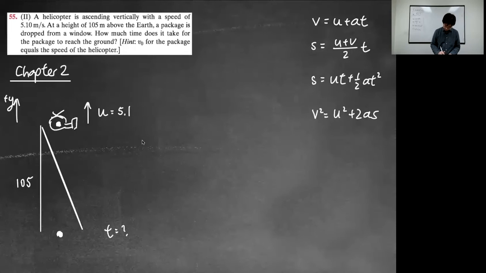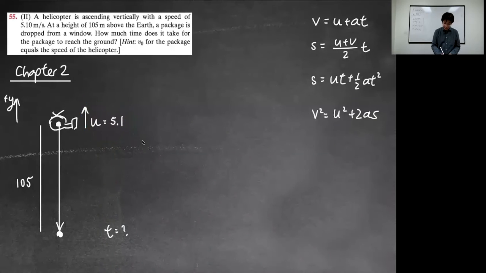So the U is for the package, and when you drop it from the helicopter, you share the same speed as the helicopter, because the package is moving up already. Even though you put your hand outside the window and just drop it, the moment you release, it's already going up at that speed.